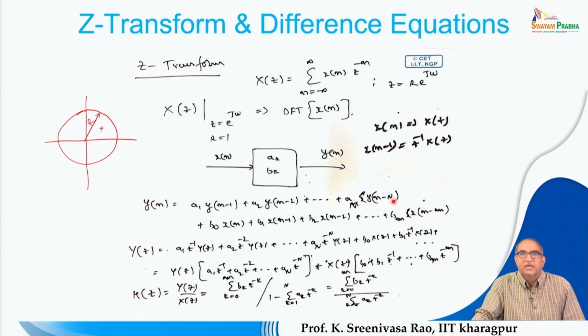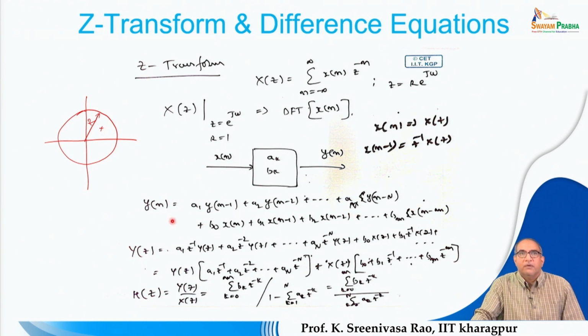That means we considered the capital N preceding outputs, and each output is weighted by a coefficient: y of n minus 1 is weighted by a1, y of n minus 2 is weighted by a2, and likewise y of n minus N is weighted by aN.